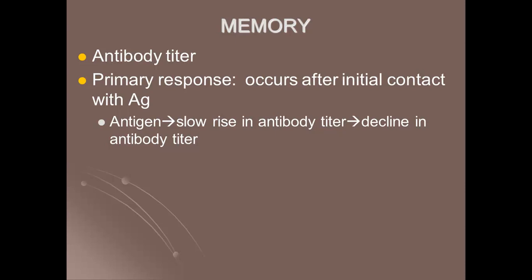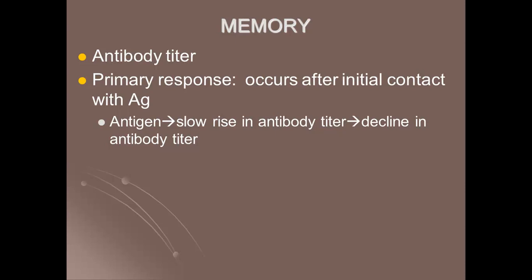Now, there is a delay since the antigen must activate the B cells to produce the antibodies in the first place. So when we see the antigen, remember we have to first recognize the antigen. Then, after we recognize the antigen, we have to make more of those same B cells that recognize the antigen.